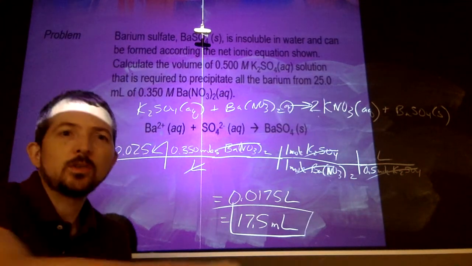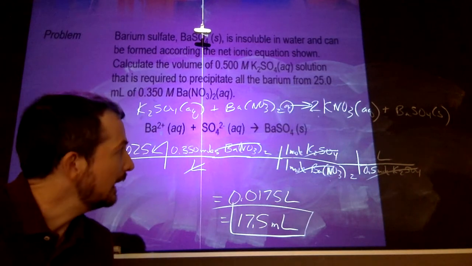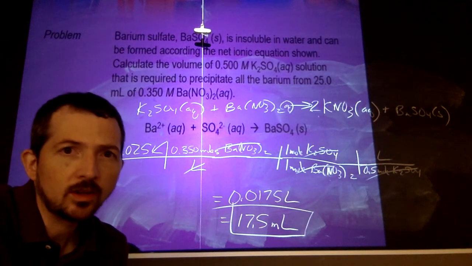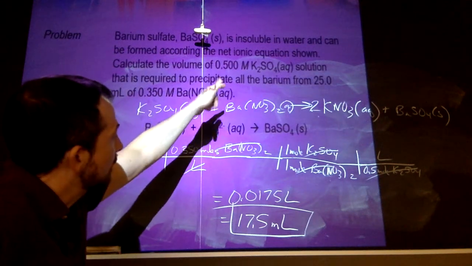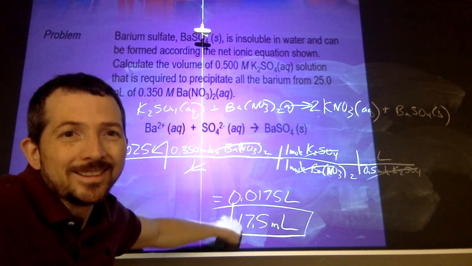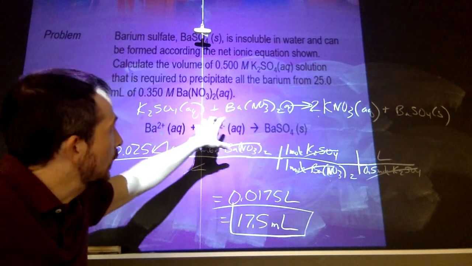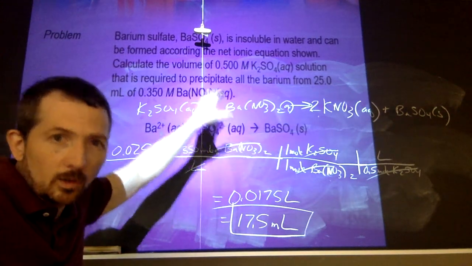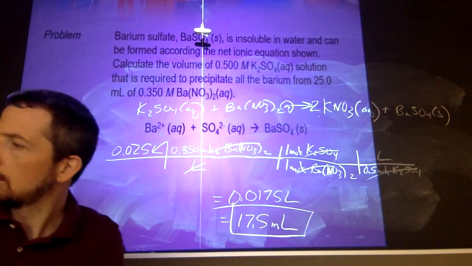So we just went over the dilution equation. And if you use the dilution equation on this, if you take 25 times 0.35 and divide it by the 0.5, you get the same answer. You get the correct answer. But you should not use the dilution equation to solve these problems. The dilution equation is made for if you just have the same compound.